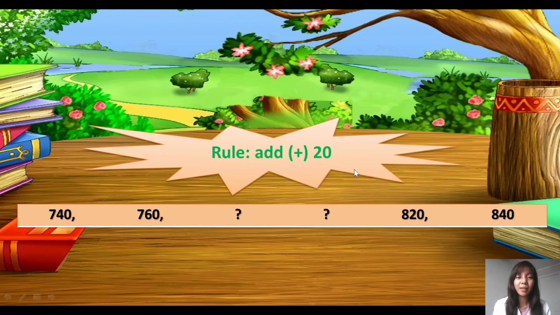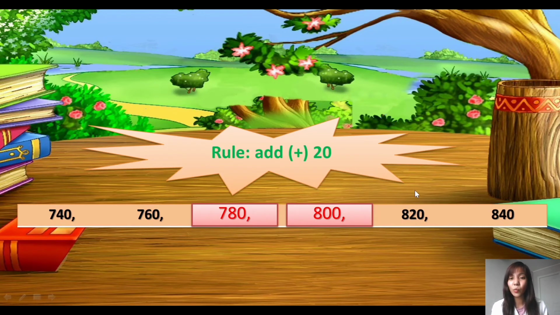What is the answer? Okay, 780. 780 plus 20. Okay, 800. Alright, so 800 plus 20, 820, and then so on and so forth.